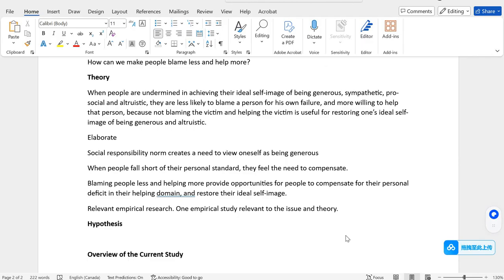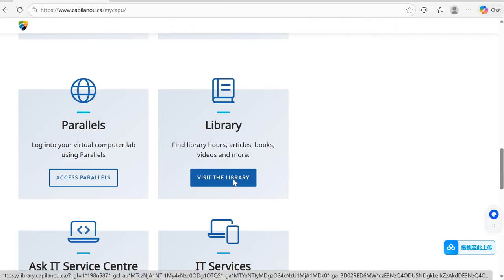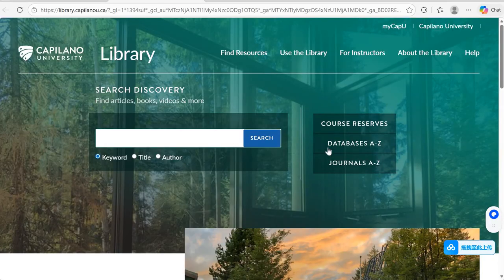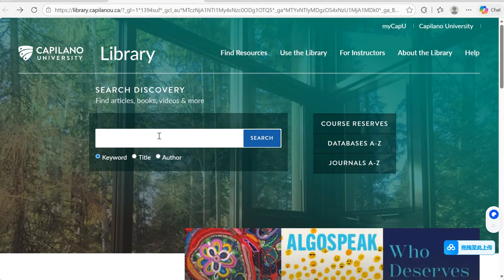Now it is time to do the literature search. Let's go to the library, and you go to your database. One tip is that you do not do your search right in the library. No, this is not a good idea.